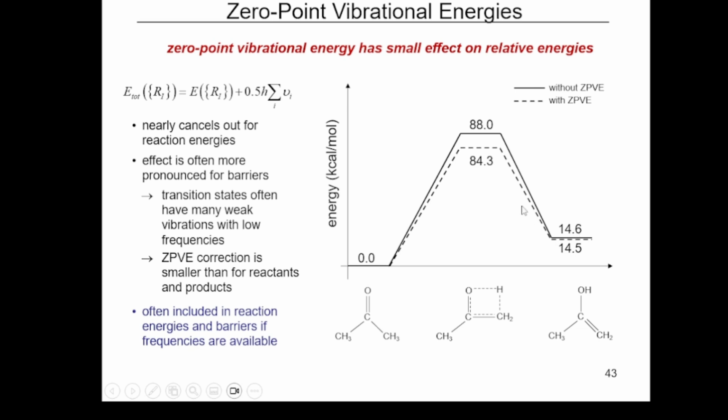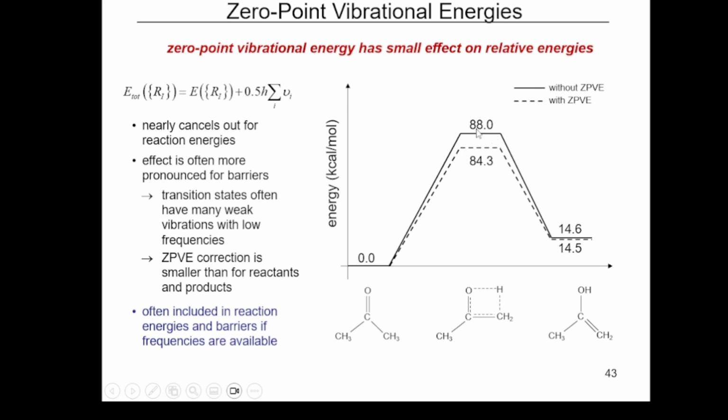On the other hand, if you look at the activation barrier, it is 88.0 kilocalories per mole without zero-point vibrational energy correction. But with ZPVE, or zero-point vibrational energy, it is 84.3. So you can see here, the energy of reaction is not much affected by the vibrational correction, but the activation barrier is significantly changed with the inclusion of zero-point vibrational energies.